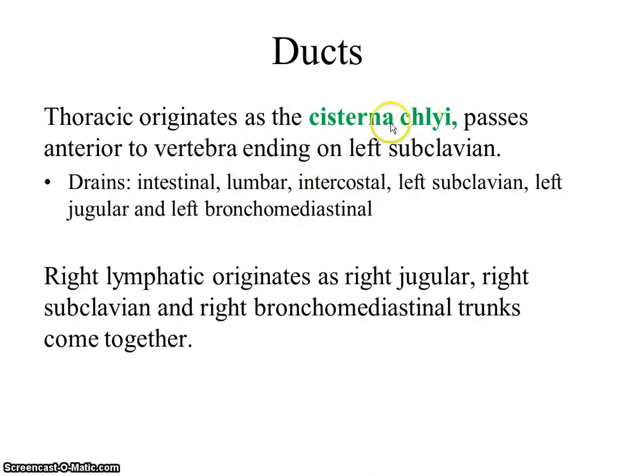And once the cisterna enters the thoracic cavity, we call it the thoracic duct. So it drains quite a bit of the body. The right lymphatic duct originates as the right jugular and right subclavian. We've got the right bronchiomediastinal trunks that also come together. I don't see myself asking you a question to say what trunks drain into the 2 ducts, but that's for your information.